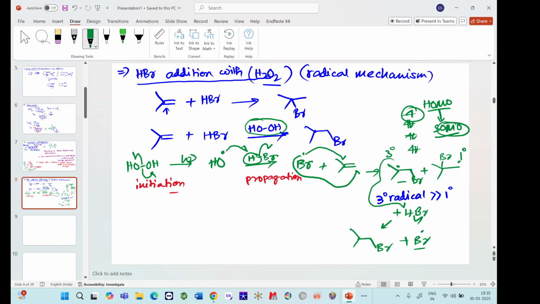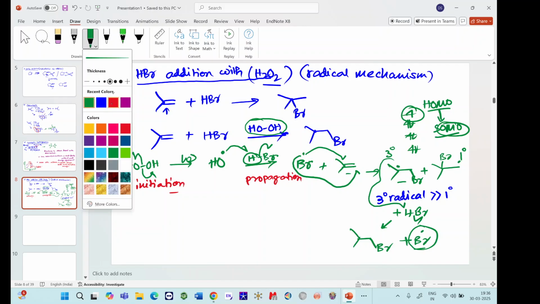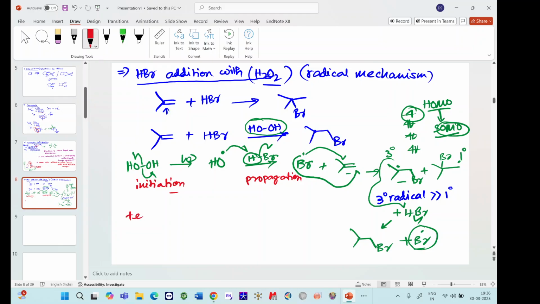Now it will go on and on, okay, until all the starting material, or the alkene, is exhausted, or is utilized. Now the end step, the termination step, will be combining of two radicals.